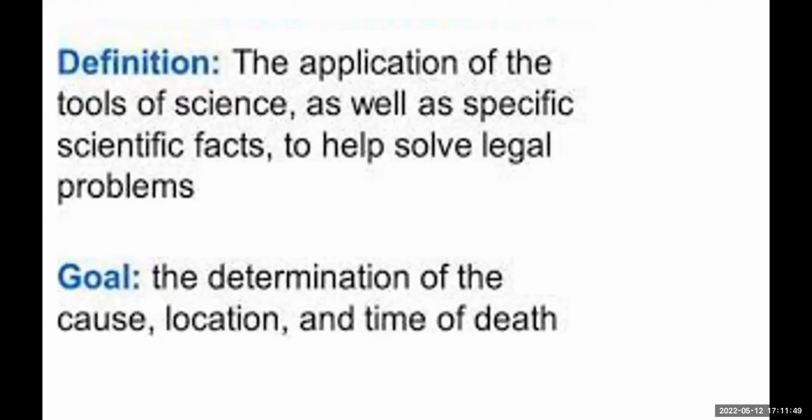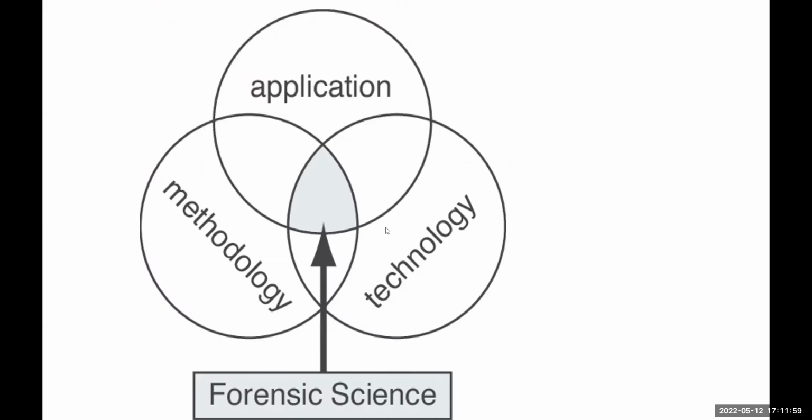What's the goal? The determination of the cause, location, and time of death, right? So of course, to get justice, but at the same time, the person who did something wrong should be accountable. So forensics, as I showed you, involves lab workers.